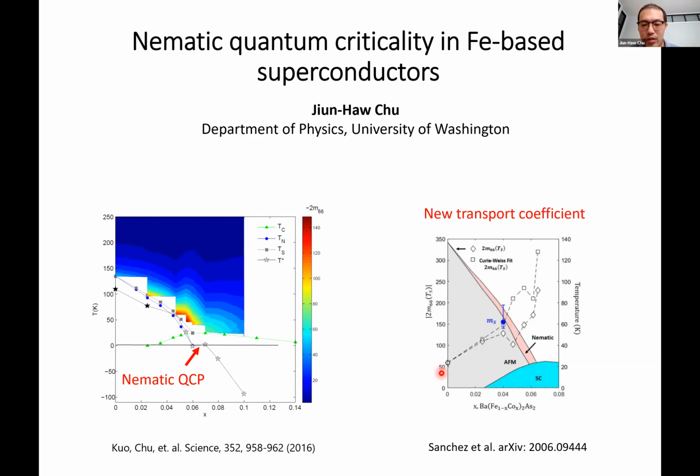What we find is that this quantity actually increases significantly as we approach a nematic quantum critical point, by almost 4-fold. So this is telling us that even as you suppress the nematicity in these materials, the electrons become more and more sensitive to the lattice, possibly having to do with the high temperature superconductivity in this material.